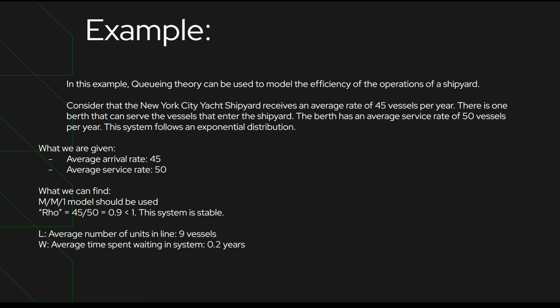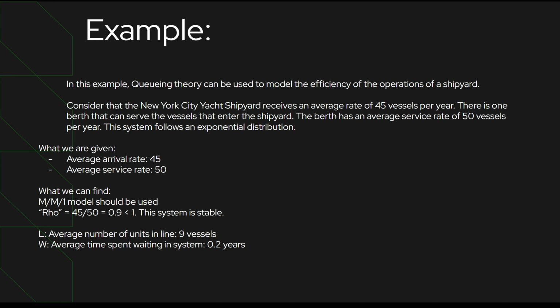Additionally, we can also calculate L, the average number of units in line, and W, the average time spent waiting in the system. This is just a hypothetical situation, obviously, but we see that in line it'll be 9 vessels waiting for service, and then the average time these vessels will be spending in this system, both in terms of getting the service and waiting, will be 0.2 years.